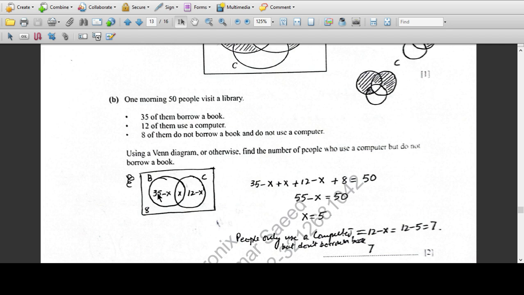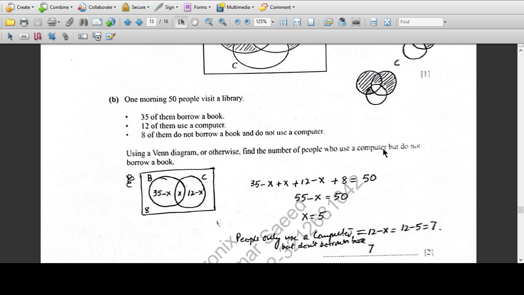So we add these parts: 35 minus x plus x plus 12 minus x plus 8, and it equals the universal set total, which is 50. From this we obtain the value of x as 5. So these 5 people are using both computers and books.